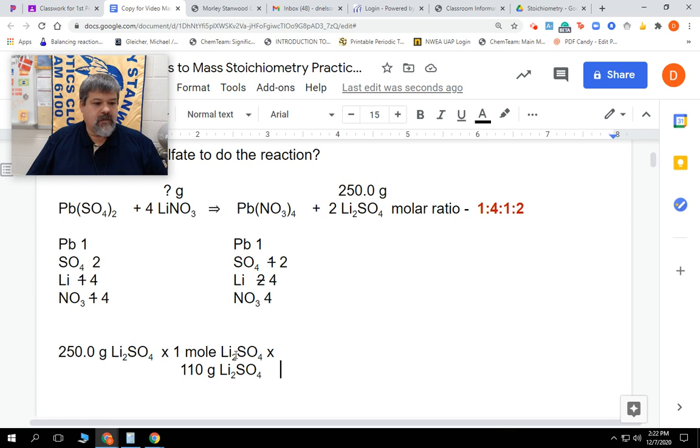Lithium sulfate is right here, so I need 2 moles of lithium sulfate, and that's going to equal, what are we looking for, 4 moles of lithium nitrate.